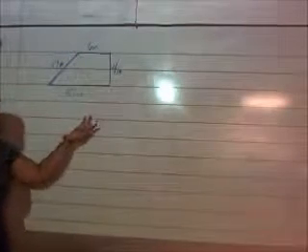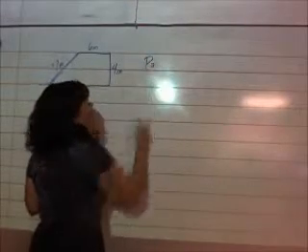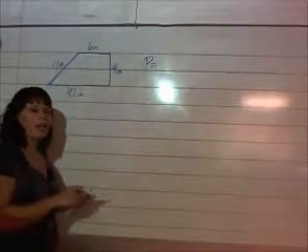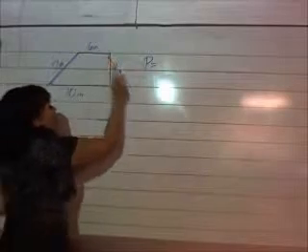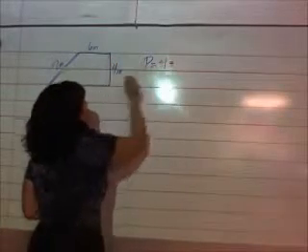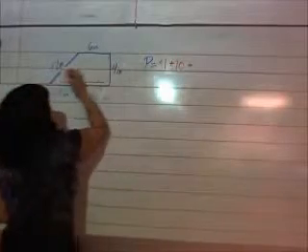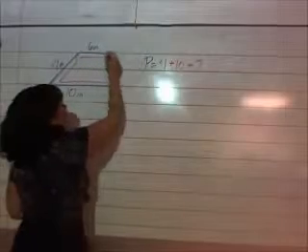So, here we go. I need to find the perimeter of this. So how would I find the perimeter? Add all sides. Can't say that enough. Add all sides. So let's go ahead and add the sides in there. So there's 4 plus 10 plus the 7 and plus the 6.